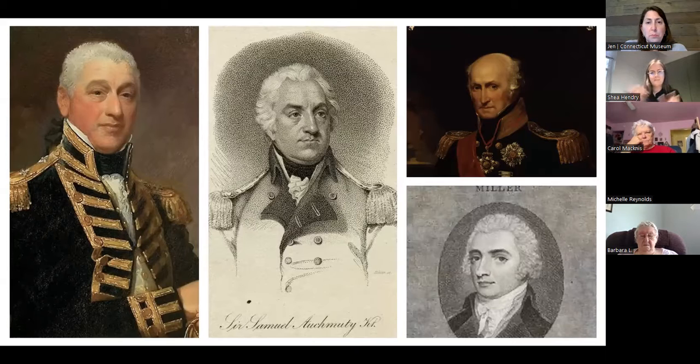Most of them enlisted at very young ages during the course of the American Revolution, anywhere from like 12 to 15 years old. And then in the 1790s become quite prominent as American-born officers, though they don't tend to deal with the same sort of questioning of their identity that a lot of these other people will. So we have these sort of divergent histories when we're thinking about the sailors themselves.